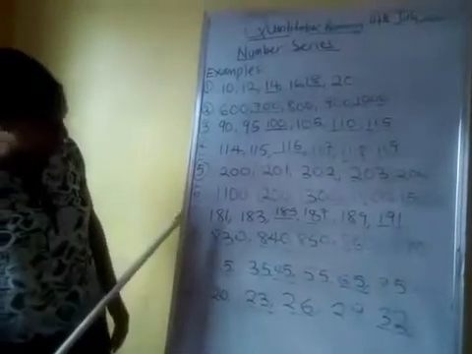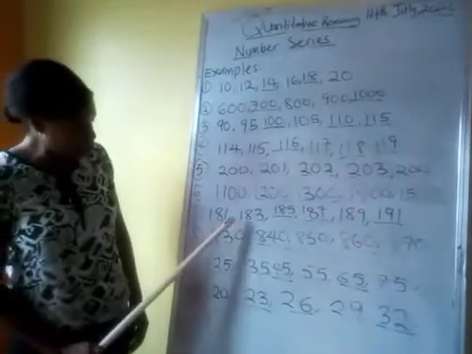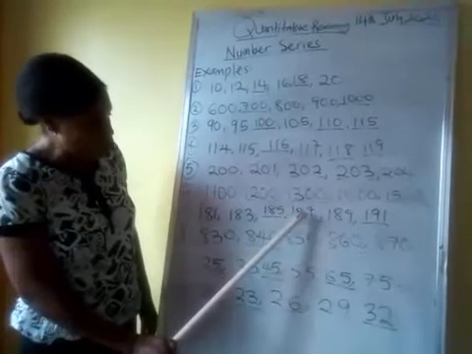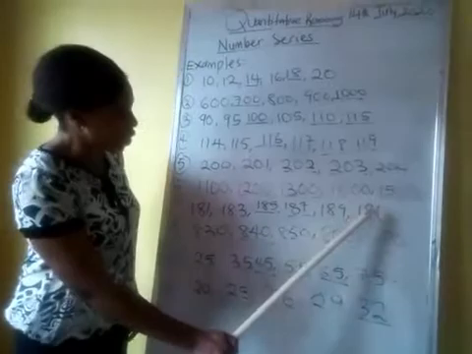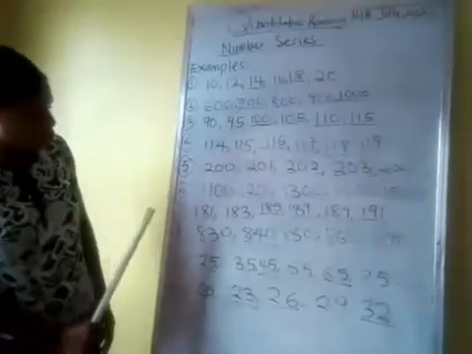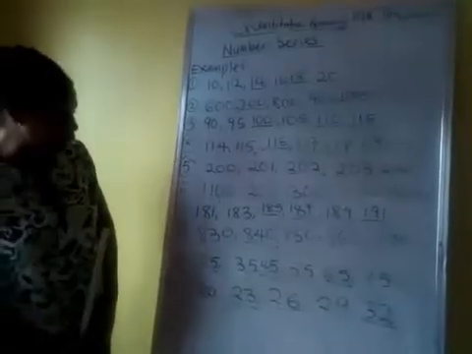Now, number 7. 181, 183, 185, 187, 189, 191. Now, what's the difference between these two numbers? 181, 183. What is the interval?